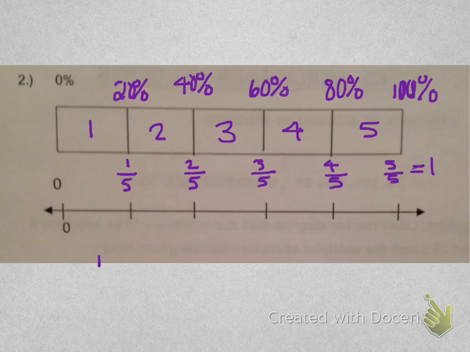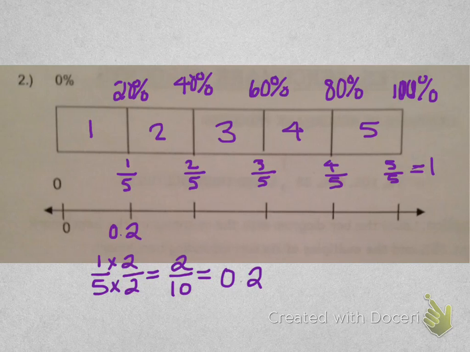Remember, to change a fraction to a decimal, we have to have 10 or 100 as our denominator. So we could take 1/5 and multiply it by 2 to get 10 as our denominator. 5 times 2 is 10, and 1 times 2 is 2. That means that our first decimal is 0.2.